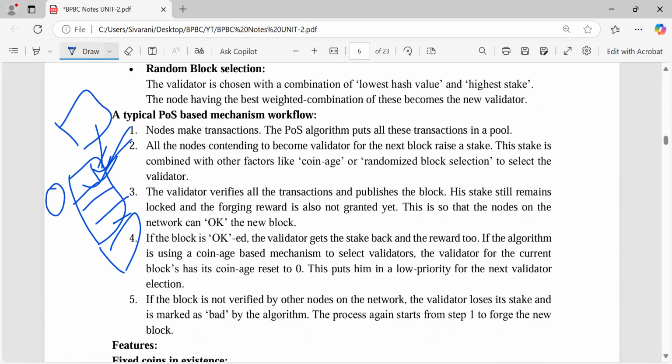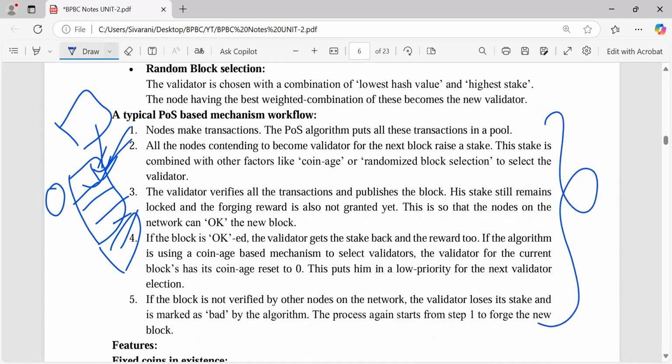If it is not verified, the network recognizes the validator as bad by the algorithm, the validator loses its stake, the cryptocurrency, and we again restart the process from the first step onwards.